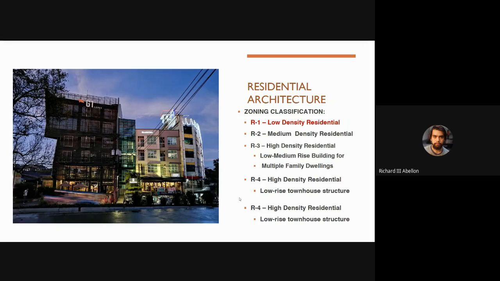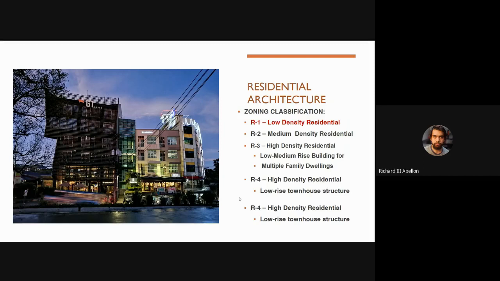So, zoning classification, meron tayong apat, I mean lima, pero we will be talking about R1 only. Okay, so we have R1, the low density residential. R2 is medium density residential. R3 is high density residential, low medium rise buildings or multiple family dwellings.